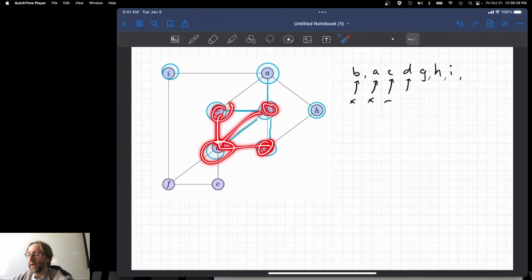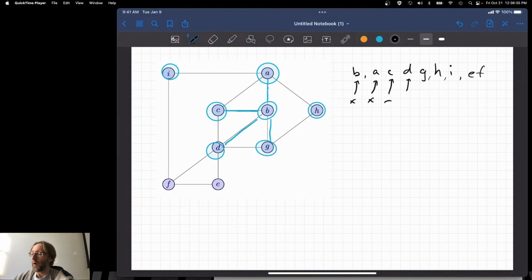C, B, and G have all been explored already. F and E are next, so we put those into our list of things to explore, and now we're done with G. We've discovered everything at this point. So we go through the rest of these things, we process them, they get done, and there's the end of our algorithm.